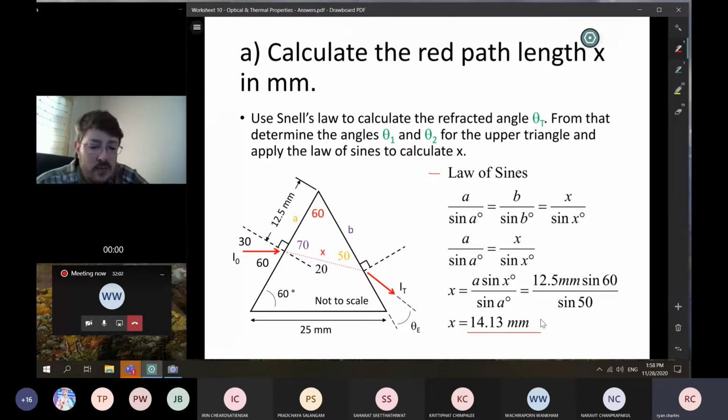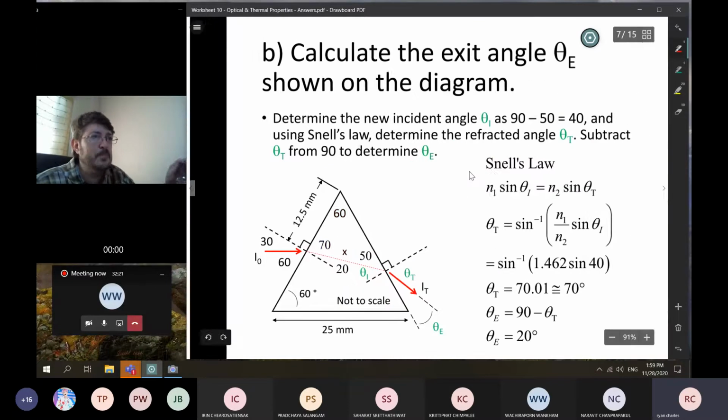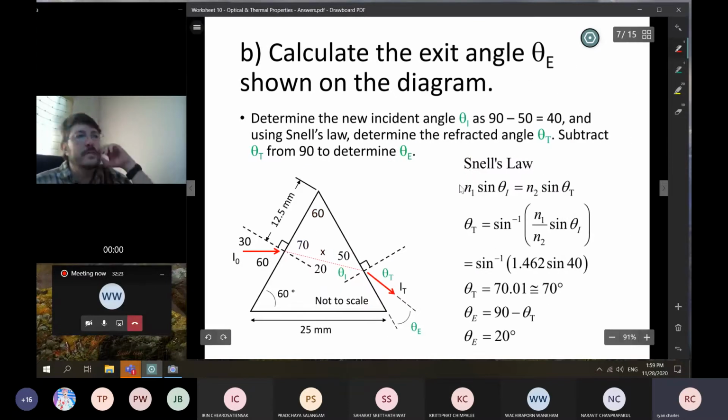Tell me that was not way easier than trying to cut this up into little triangles and finding it that way, which does work, but takes a long time. This is always something good to remember for some types of problems you might run into. All right, so that's 14.13.